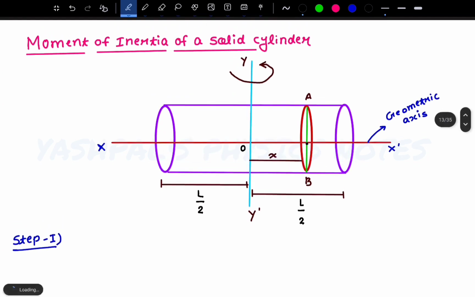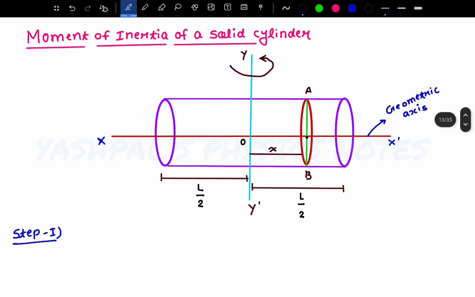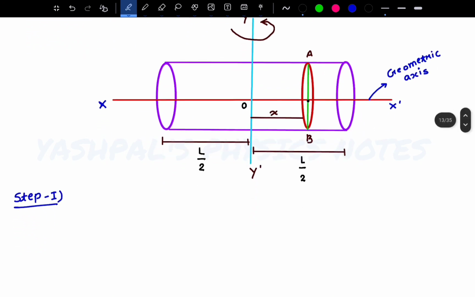So in this figure, let x dash be the geometric axis. So here I am writing from above figure, x dash is the geometric axis of this cylinder.